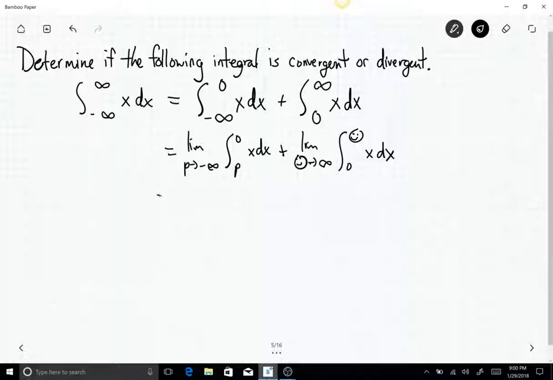Well, you get the limit as p approaches negative infinity. The antiderivative of this is just x squared divided by 2, or 1/2 x squared, whichever you prefer, and this goes from p to 0, plus the limit as smiley face goes to positive infinity of 1/2 x squared again, evaluated at 0 and smiley face. Okay, so now it's time to plug and chug.